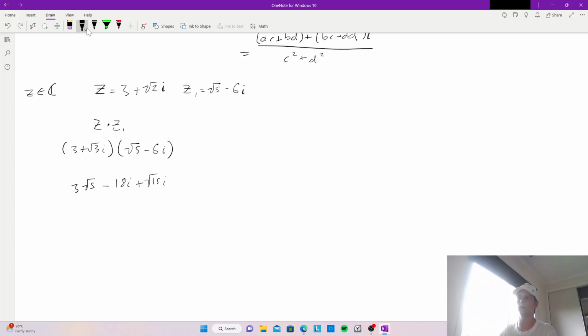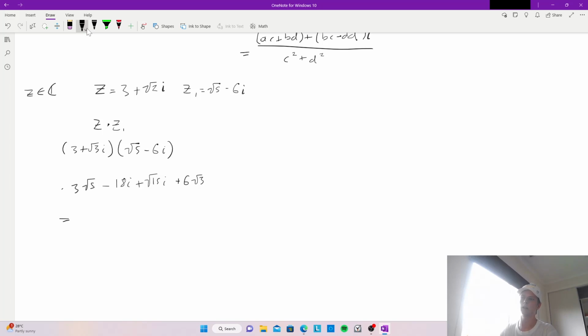And then you have square root 3 times the negative 6i, but with the i squared. Timesing this together, you get minus 6 square root 3 i squared, and the i squared we know is negative 1, so then we can rewrite this as plus 6 square root 3. And there you go.